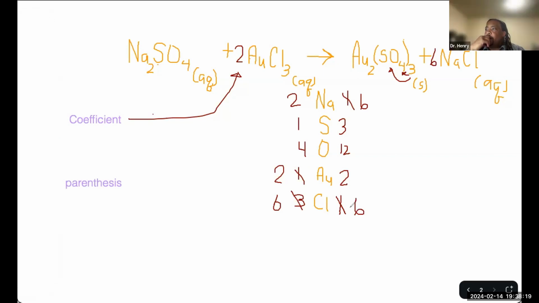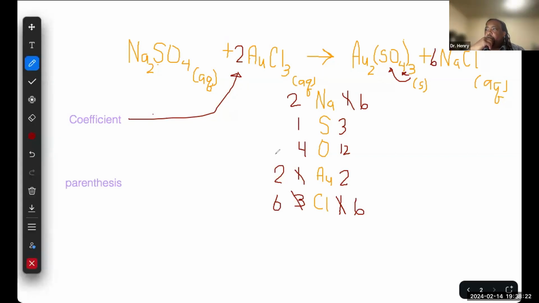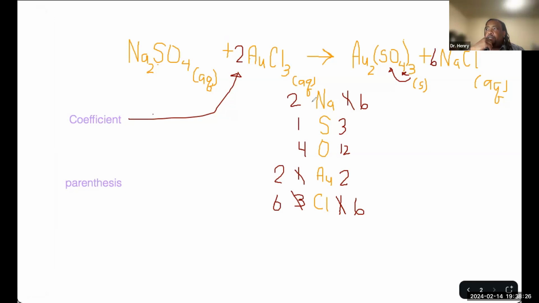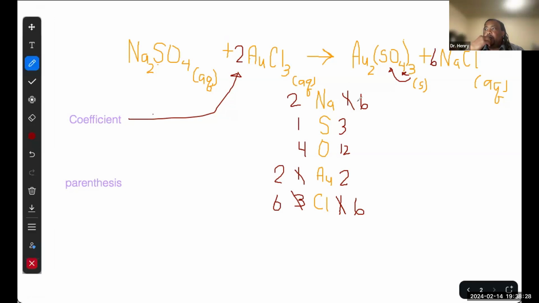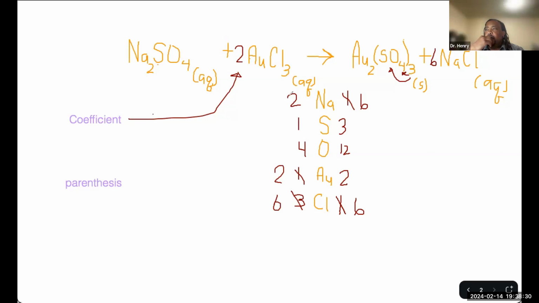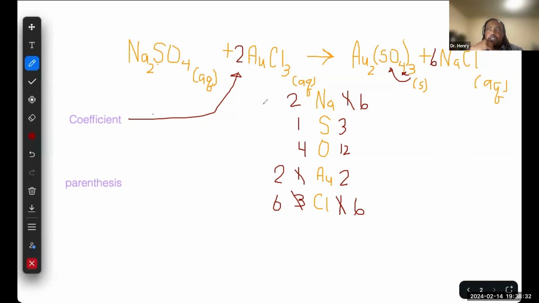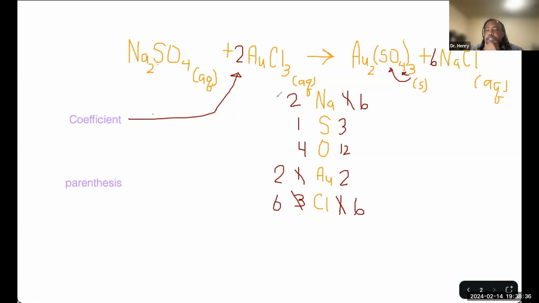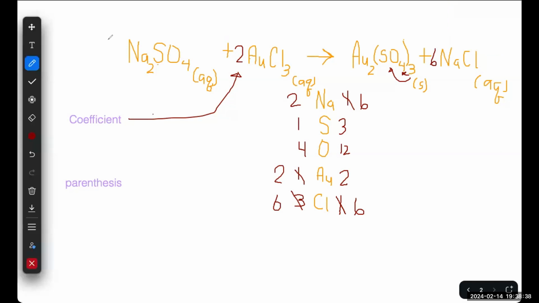Okay, so that's looking good. My goal is looking good. So now I can go up to my sodiums. So I have 6 on one side and 2 on the other side. What do I need to multiply it by so that I would end up with 6 on my reactant side for my sodiums? 3. So I'm going to put a coefficient of 3.